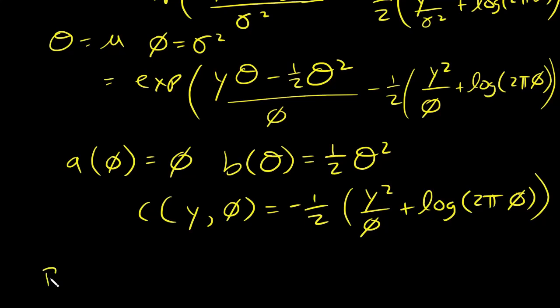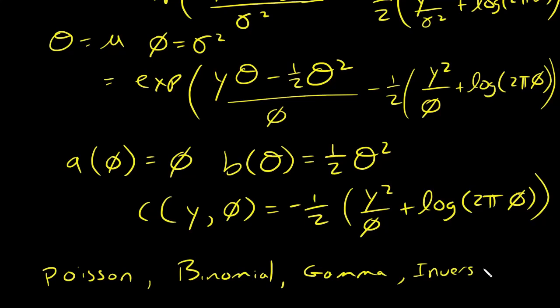We've shown that the normal distribution is in the exponential family, but so is the Poisson, so is the binomial, so is gamma, and the inverse Gaussian.